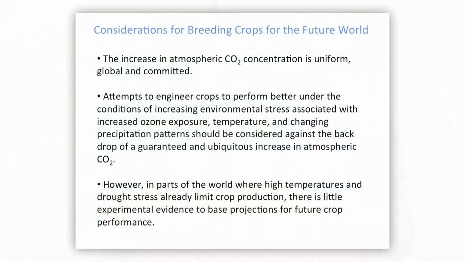And so this is a committed change in our future environment. And so any attempts to engineer crops to perform better in the future should be thought of with this uniform increase in atmospheric CO2 concentration.